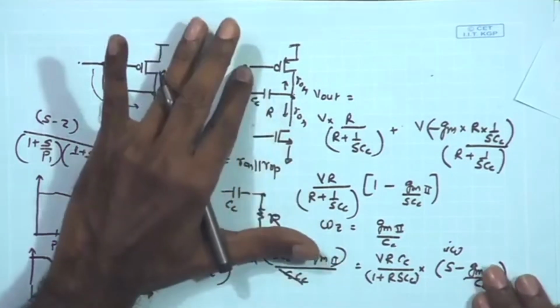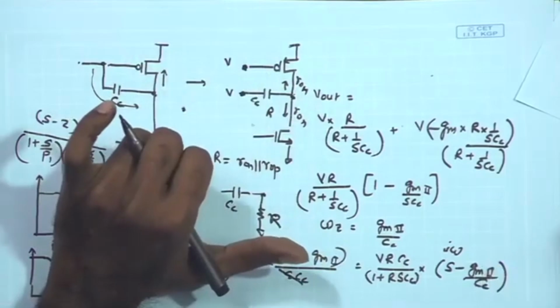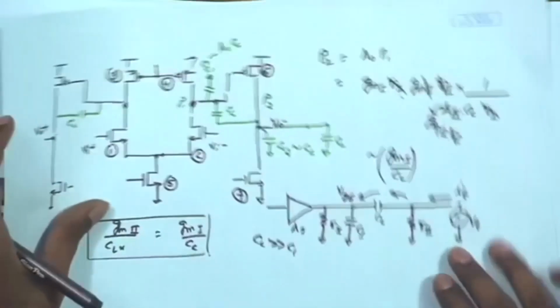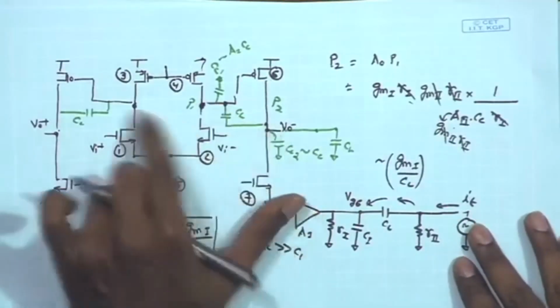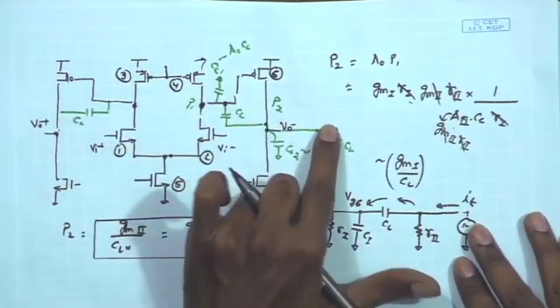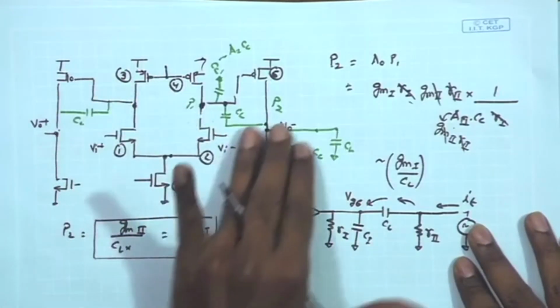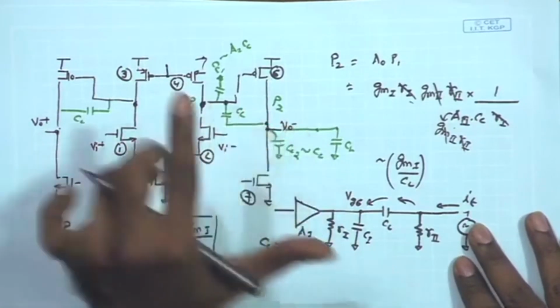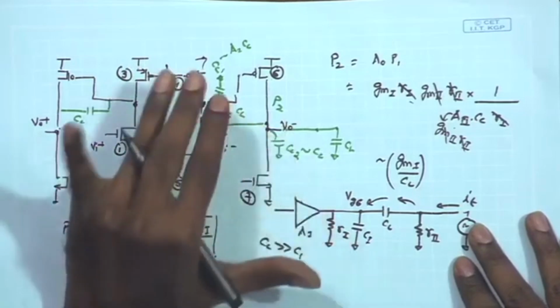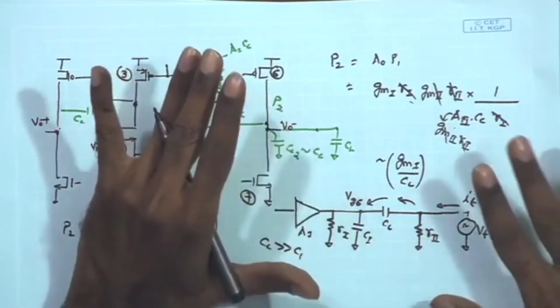So, if you do exact expression, like if you write down the transfer function without considering any Miller effect and find out the exact expression for V out and V in, then you will get the expressions for the original poles and zeros at different nodes without having any approximation involved.